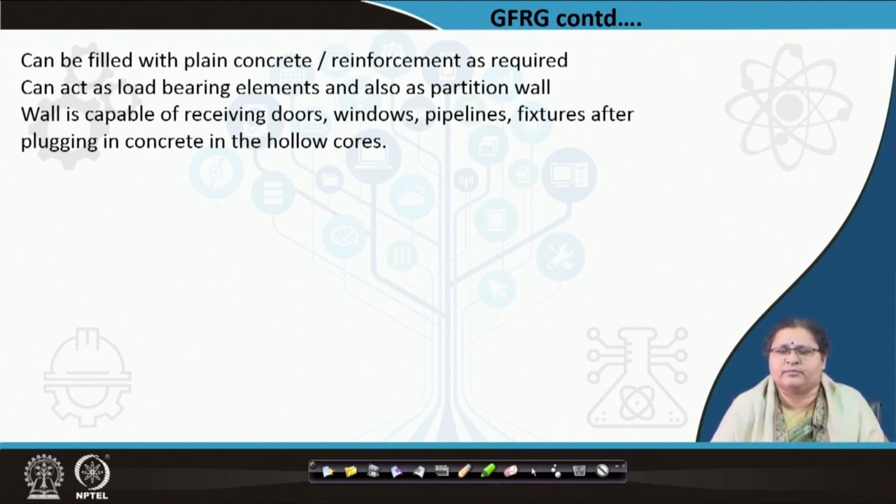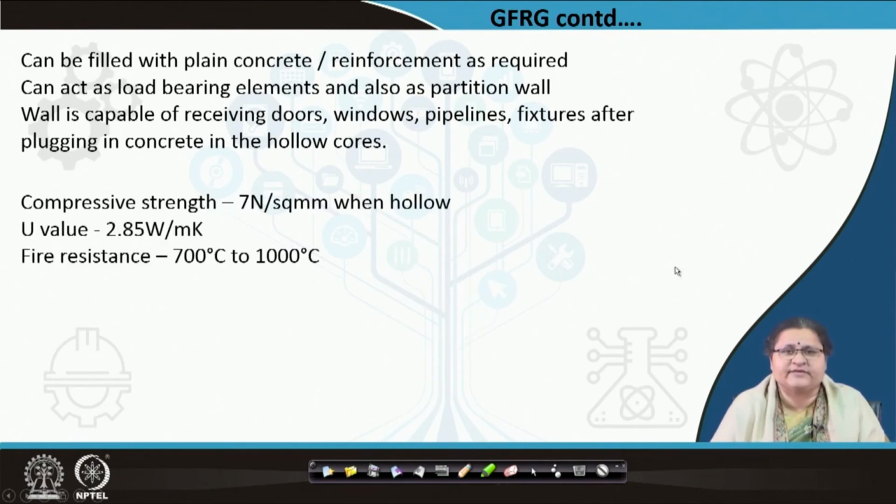But we are not more interested in that, we are more interested in the glass strands, which is actually giving it a compressive strength of 7 Newton per square millimeter when hollow. U value, it has given 2.85 watt per meter Kelvin and it has also given a fire resistance up to 1000 degrees centigrade temperature.